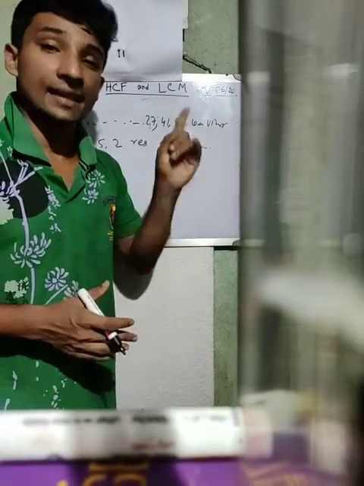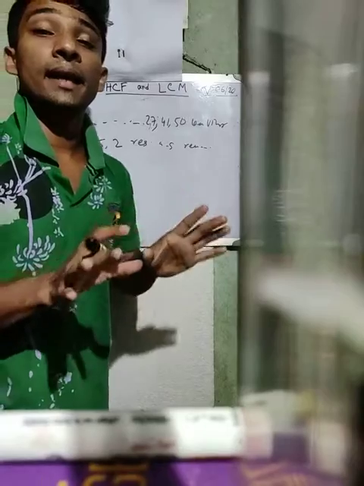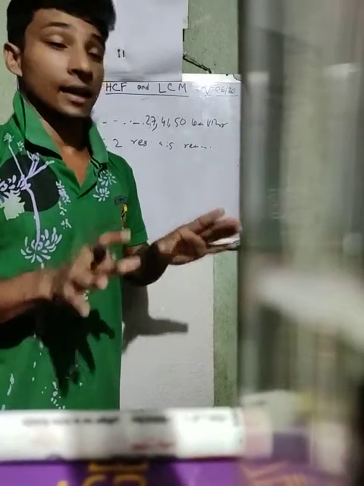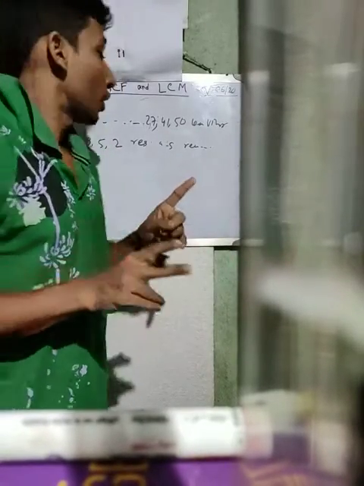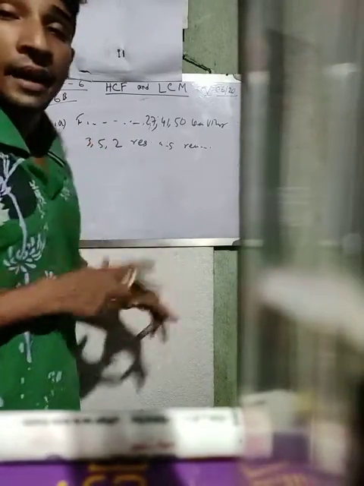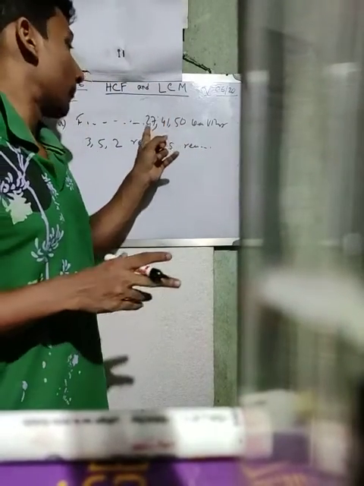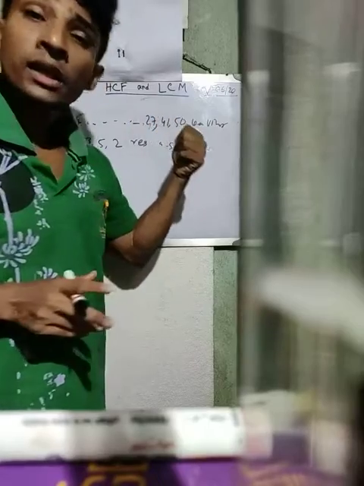So what is the process? As I discussed earlier, to find the exactly divisible number, we have to subtract the remainder from the dividend.